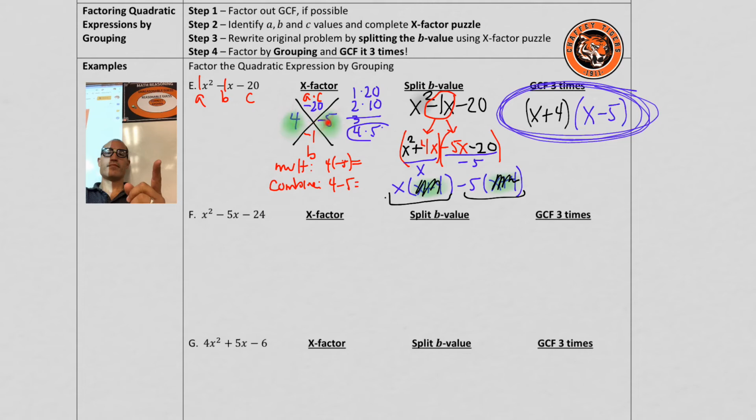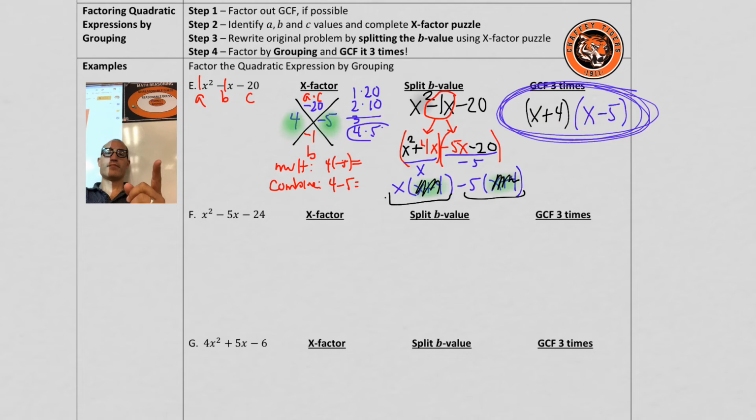These 2 numbers will allow us to then split the original b value into 2 equivalent terms. Once I have that, I'm going to have my 4 terms that I can then group, and I can GCF 1 time, 2 times, 3 times to get my factored form answer. This is the goal today.